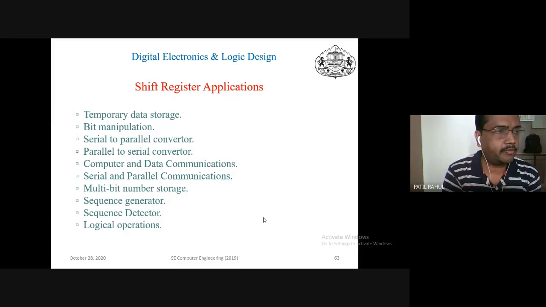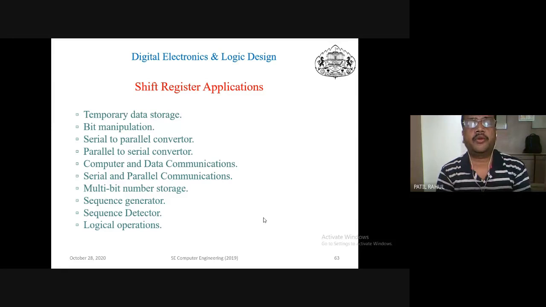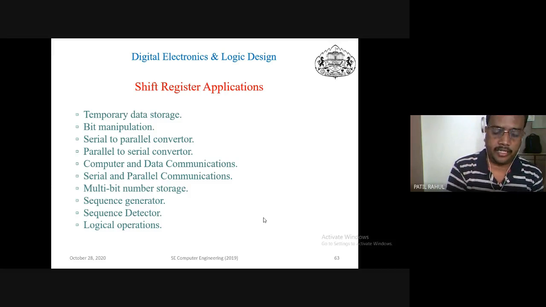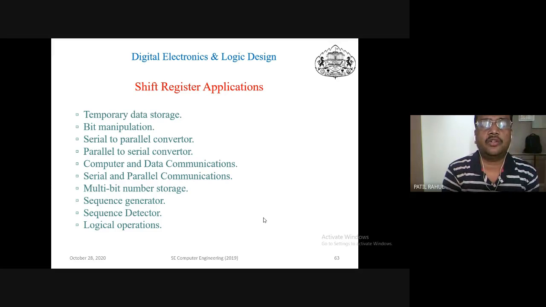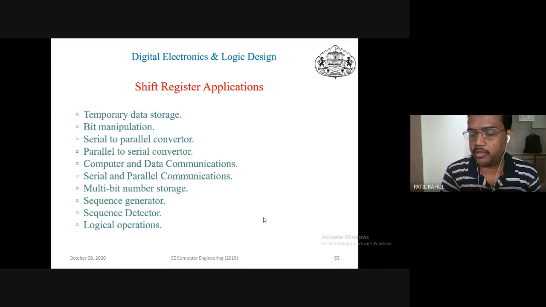Take one example, a printer. From the computer you send the data to the printer for printing purposes. Here you transfer the data from computer to printer, and at that time you can use the shift register. Another example is the keyboard, which is your input device.